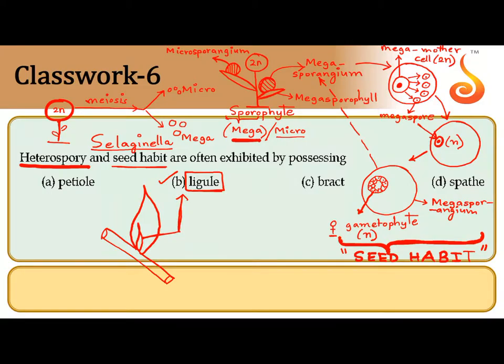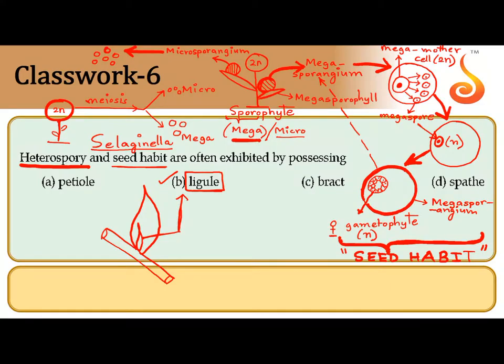The microsporangium produces the microspores which are the precursors to the male gametophyte, and I told you the story of the megasporangium here, how the megasporangium has a megaspore mother cell sitting inside. The megaspore mother cell forms megaspores. The megaspores do not come out; inside the megasporangium, they develop into a female gametophyte.